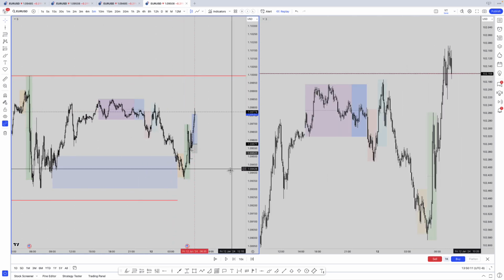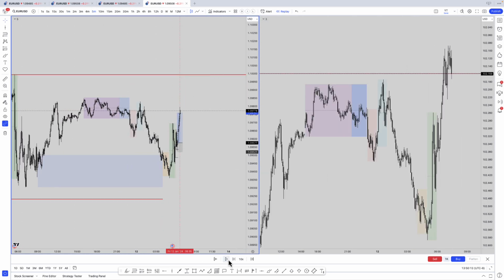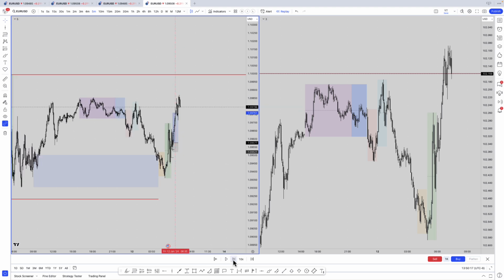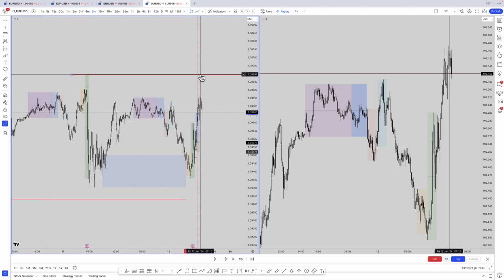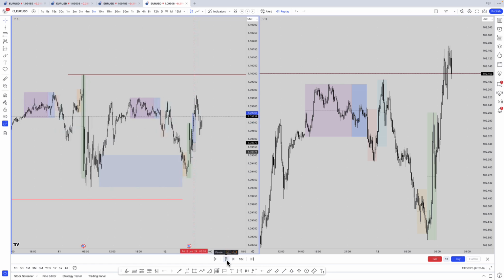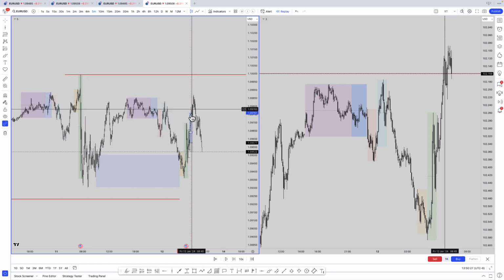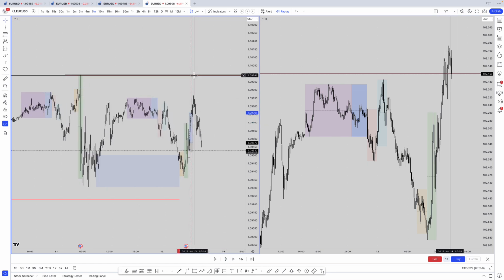Just to show you what happens here, to solidify what I'm saying, price goes a little bit higher. So you can see DXY took this high, Euro doesn't reach it, and then price just melts. So if you would have wanted to be greedy and hold to this point, you would have ended up with a break even or a loss, depending how you manage.